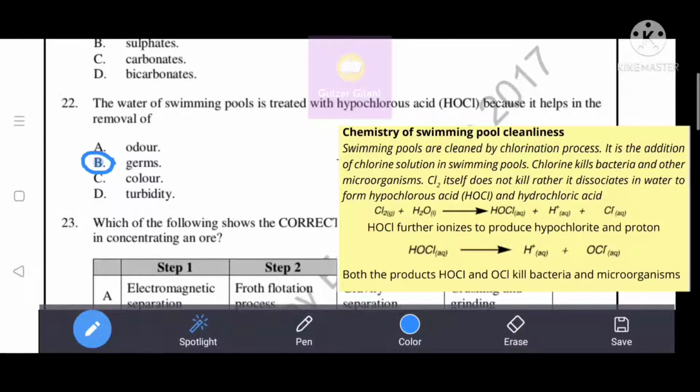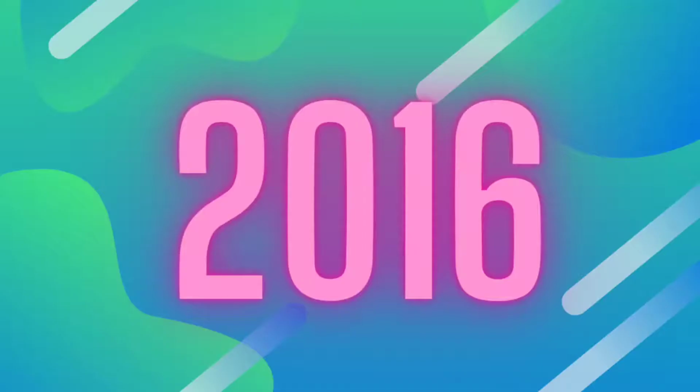Chlorine kills bacteria and other microorganisms. Chlorine itself does not kill, rather it dissociates in water to form hypochlorous acid and hydrochloric acid. Hypochlorous acid further ionizes to produce hypochlorite and proton. Both the products, hypochlorous acid and hypochlorite, kill bacteria and microorganisms. That's why option B, germs, is the correct answer.